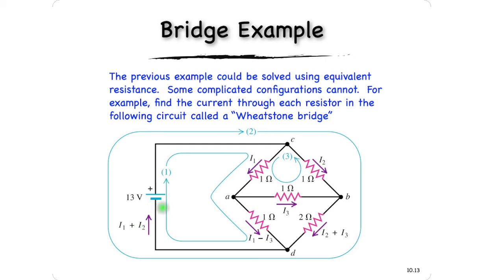So here are 3 loops I could consider. 1 is this leftmost loop. 2 is the outer loop. And then 3, I'll do this top loop here. There's also a 4th loop around the bottom that I'm not considering. I don't need to consider it because I only need 3 loops to get 3 equations to solve for my 3 unknowns.